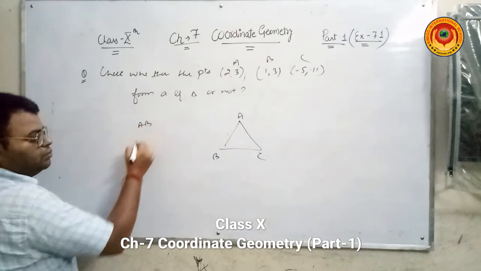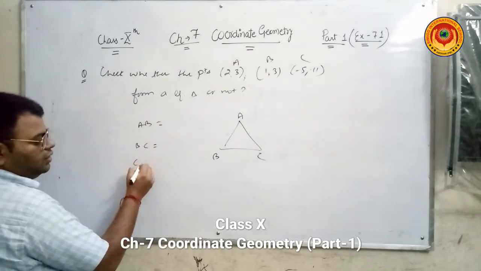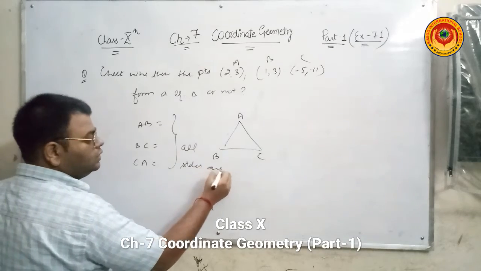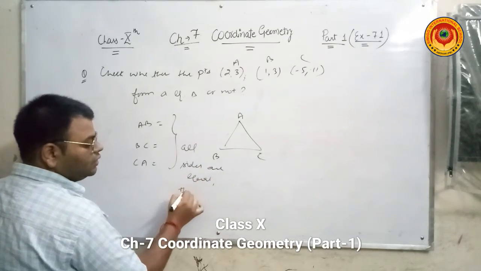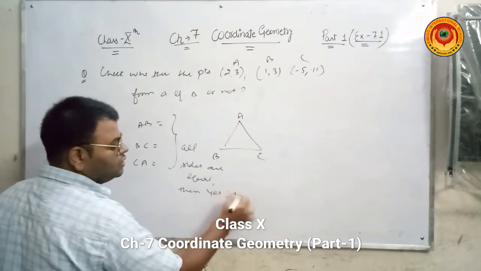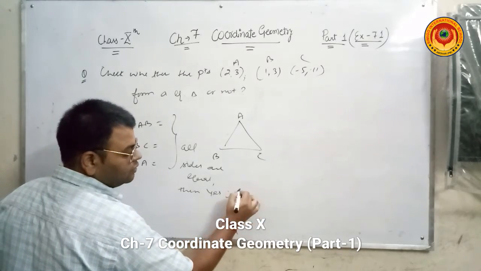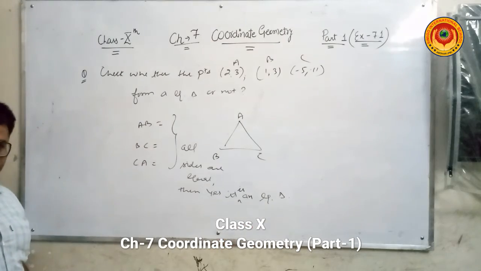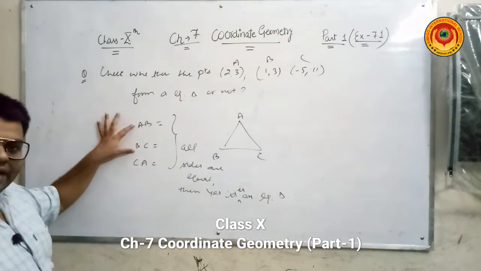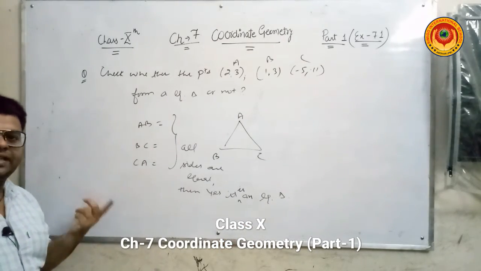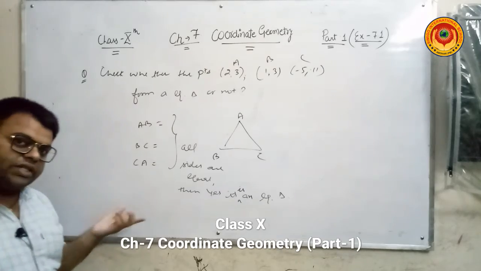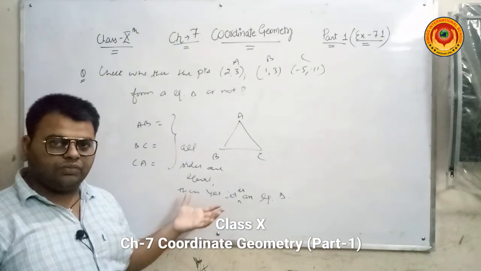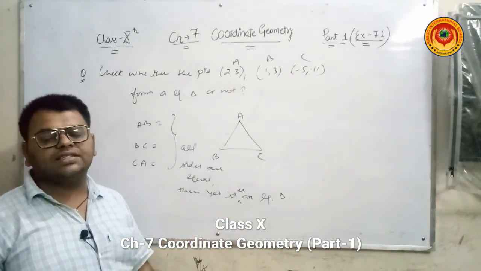If AB, BC and CA are all equal, all sides are equal, then yes, it is an equilateral triangle. If the question is about isosceles, then if any 2 out of 3 sides are equal, yes, it is an isosceles triangle. If the question is about a scalene triangle, if not a single side is equal, all sides are different, then yes, it is a scalene triangle.